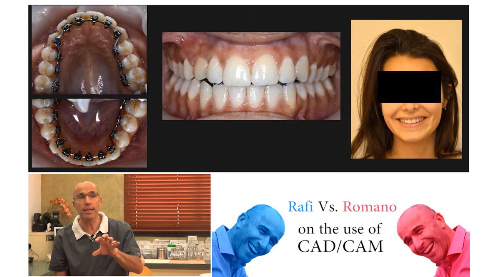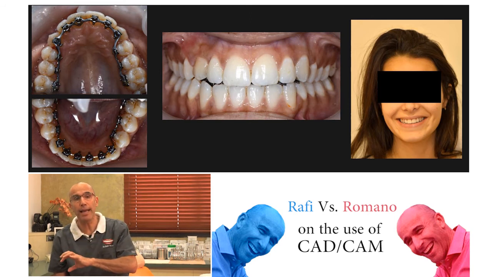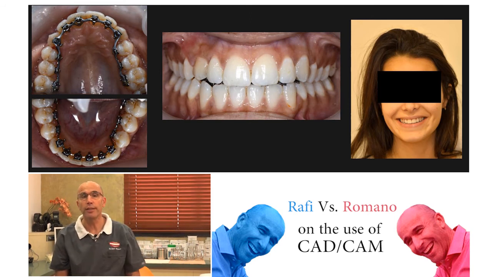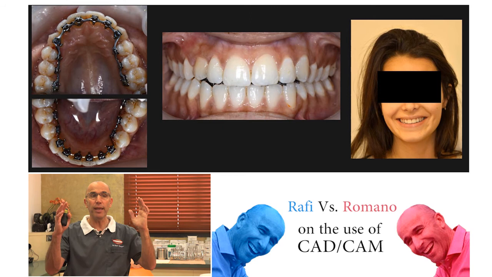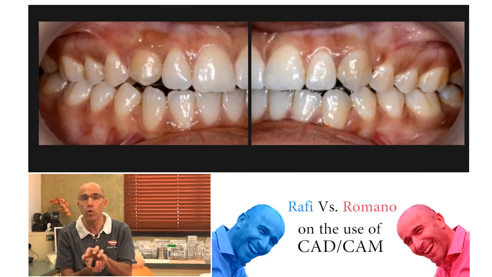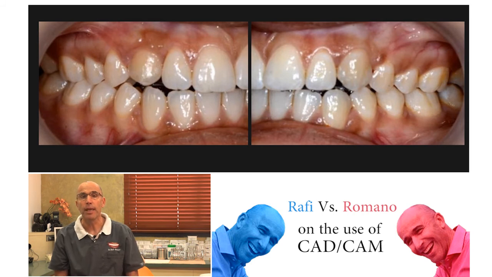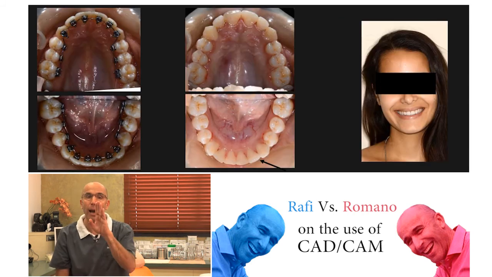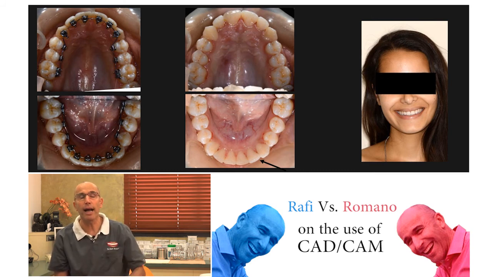So you can see this case, once everything is planned, once we put the digital robot wires which I've ordered from SureSmile, and look now how everything becomes more arranged, more aligned, how occlusion becomes better. And you can see slowly we do the upright of the lower incisors near the cuspids. And everything looks really quite nice.